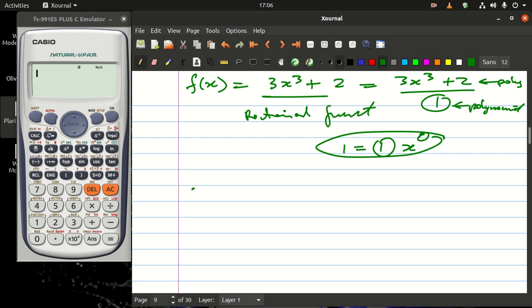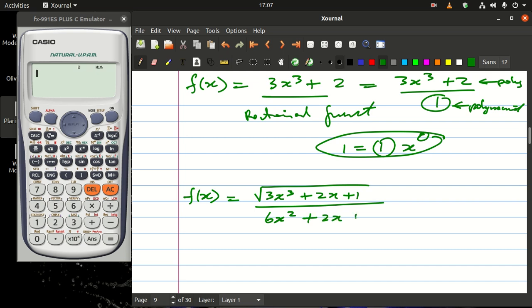Right. If you have f of x is equal to the square root of 3x cubed plus 2x plus 1, all over 6x squared plus 2x plus 7. The denominator is a polynomial. What is inside the root is a polynomial, but now we have a root. This numerator as a whole is not a polynomial, because a polynomial doesn't have a root.